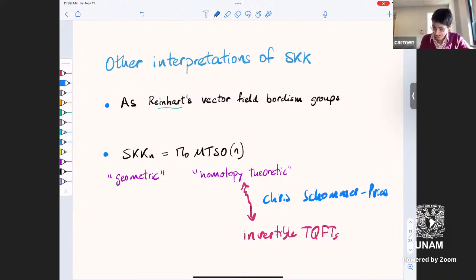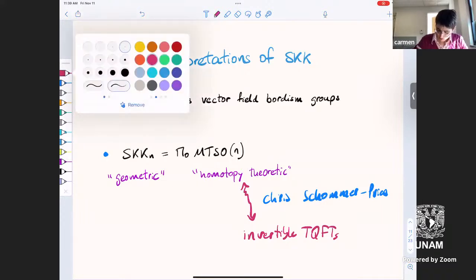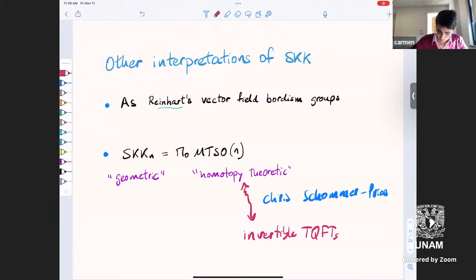Okay, so I just wanted to mention this a little bit, not to go into deep considerations there, but just to give a little bit of the framework of where we are standing. The project I want to talk about stands more on this geometric side. So again, we're going to be trying to understand relations to invertible TQFTs, but from the geometric side, and see how the SKK groups and the SKK invariants fit into this picture.